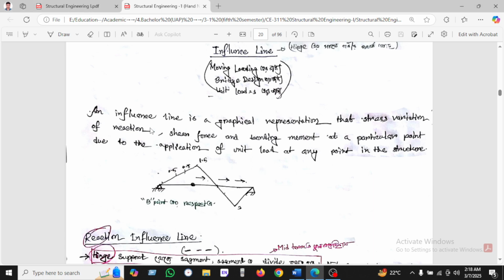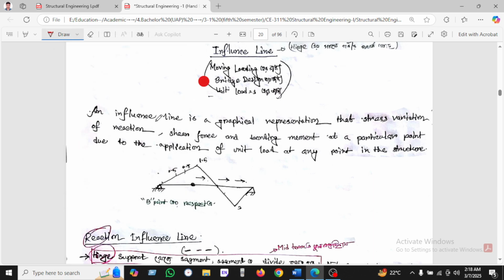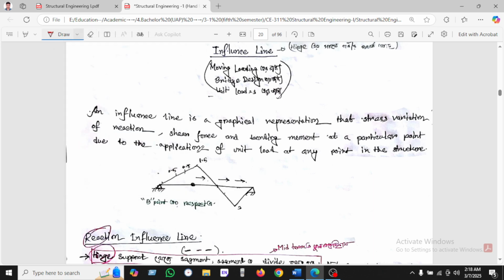Okay, let's start. Here is another definition. Influence line is a graphical representation of the variation of reaction, shear force, and bending moment at a particular point due to application of unit load at any point of the structure.